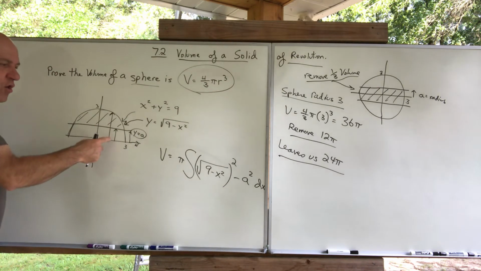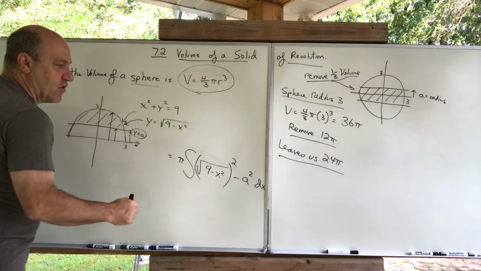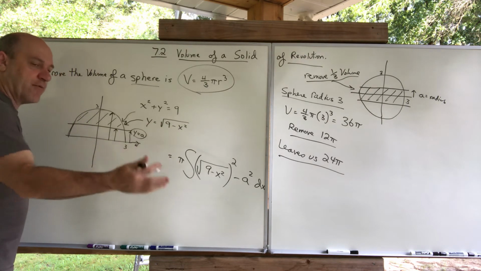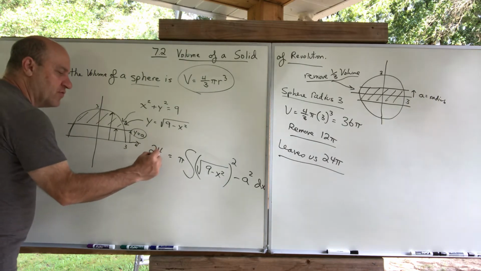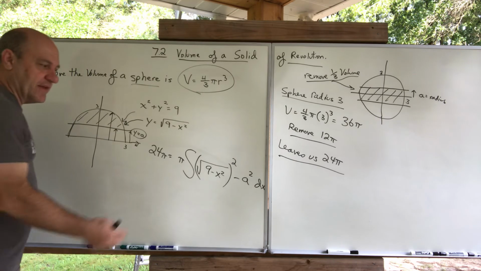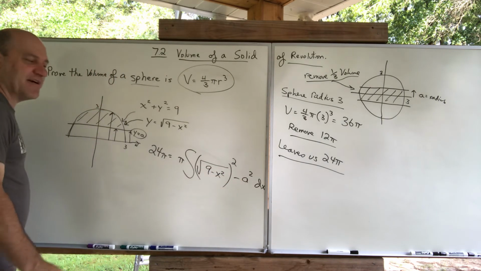I'm removing a hole, and guess what that volume is? I know what that volume is. That volume is 24 pi, the volume of what's left over if I remove a third. Now again, I left out one very important thing. That's an A, that's a 9, watch out.